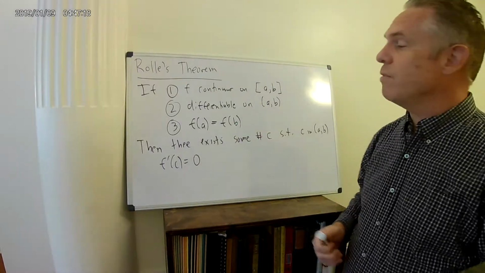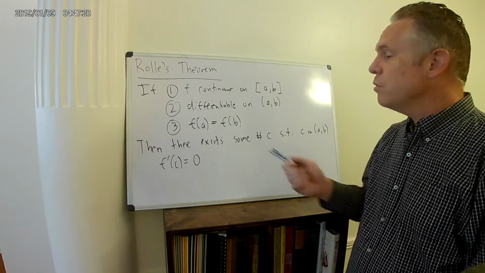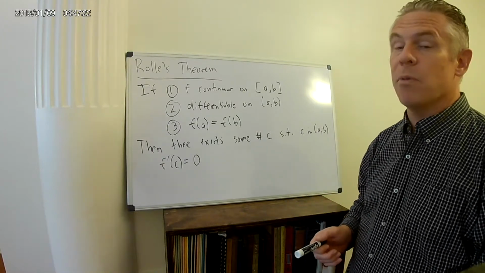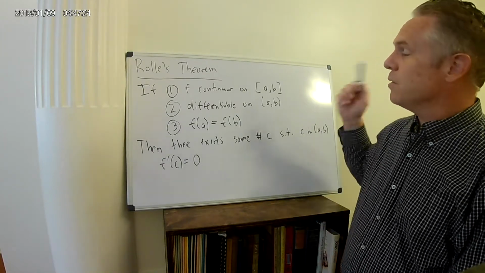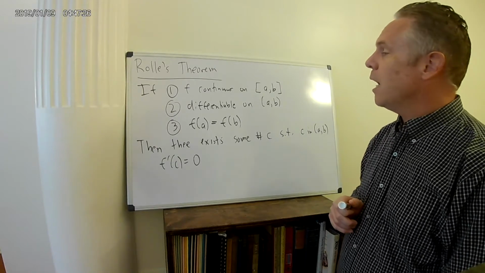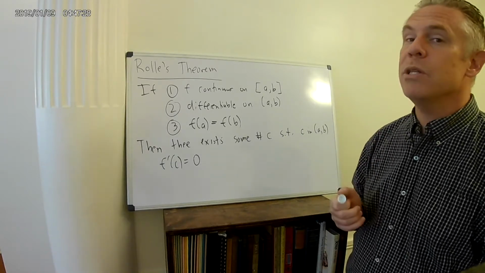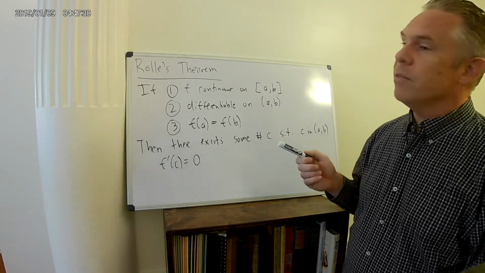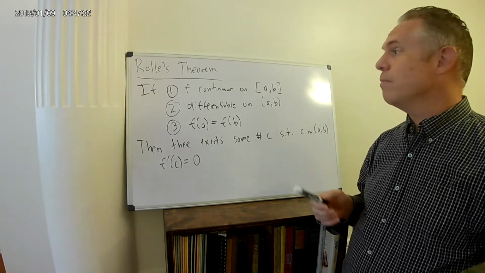Because remember, if you have a derivative equal to 0, that usually means you have a maximum or a minimum. So what this is saying is if a function has the same value at two different points, there's a point in between those two points where the function is maximizing or minimizing.